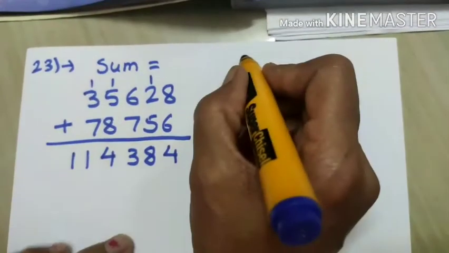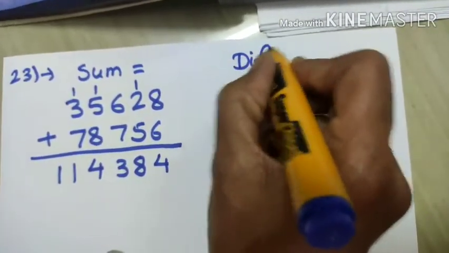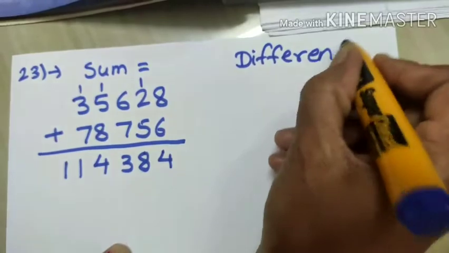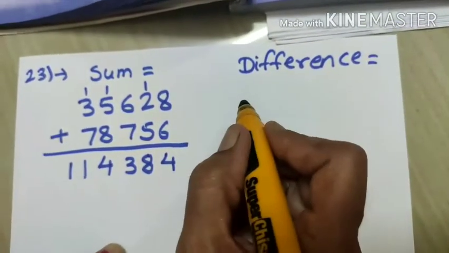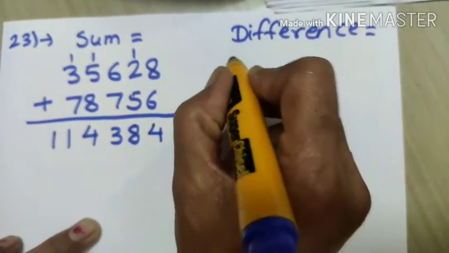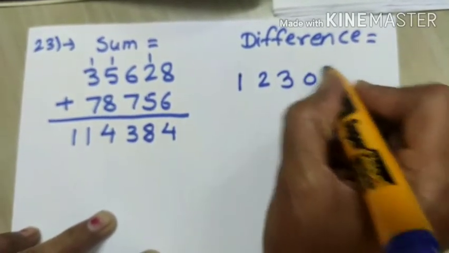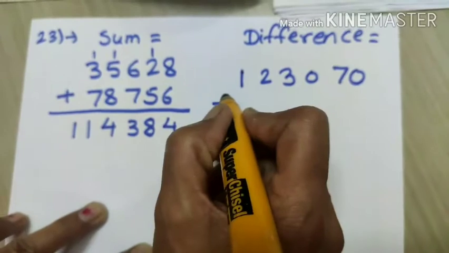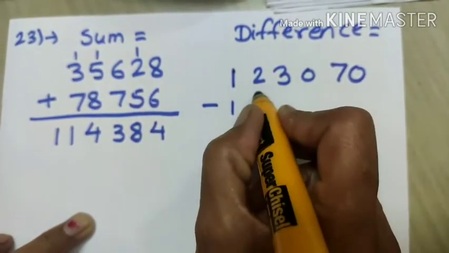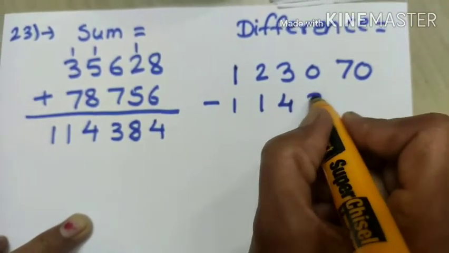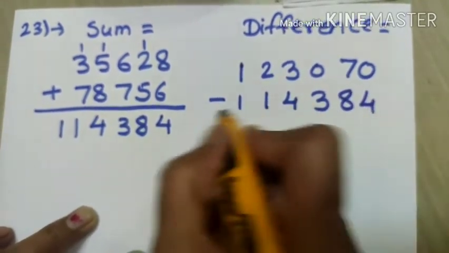So the difference I am showing you here. Difference is equal to, so that number you have to write first, that is 1,23,070 minus 1,14,384.